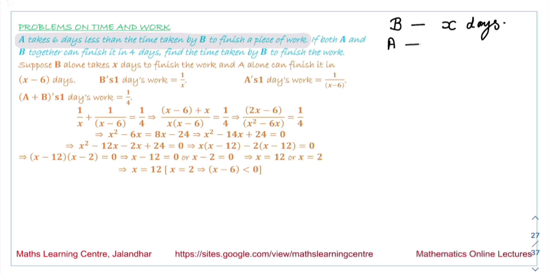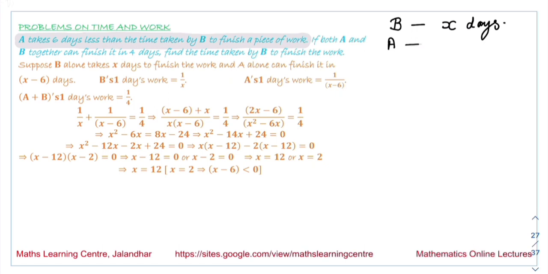Now if we take x is equal to 2 and substitute to find the days required by A to complete the work, the answer will be negative. If we substitute x is equal to 2, x minus 6 will be negative. It means x is equal to 2 is not possible.